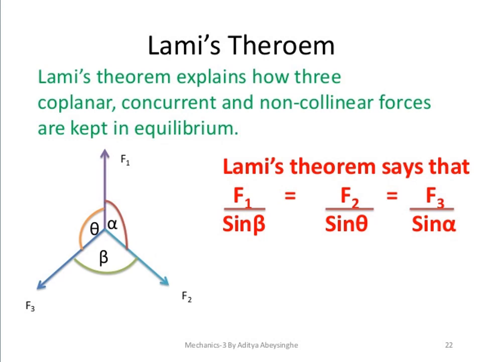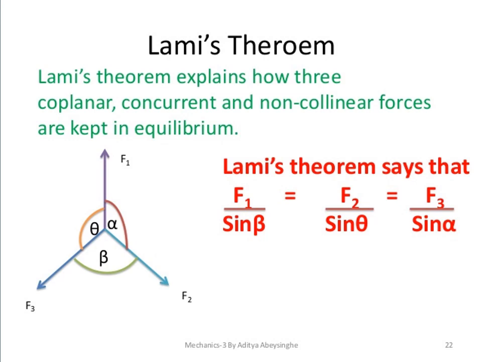See the picture. Take the first force F1; the angle opposite to it is beta. Take force F2; the angle opposite to it is theta. Take force F3; the angle opposite to it is alpha. Do you understand? The equation is based on this. So F1 is directly proportional to sin beta, F2 is directly proportional to sin theta, and F3 is directly proportional to sin alpha.